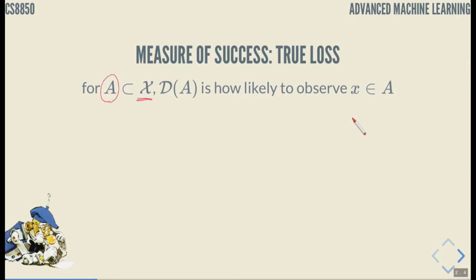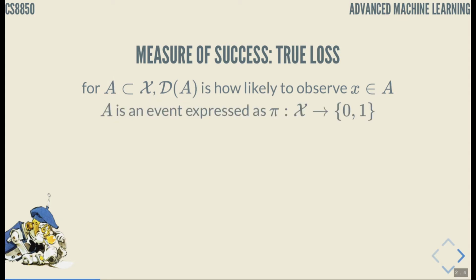So the probability of a subset of our domain A is just the likelihood of observing x within A when you pick a random x. Clear? Okay, I assume so. A is an event expressed as a mapping from our domain to {0, 1}.